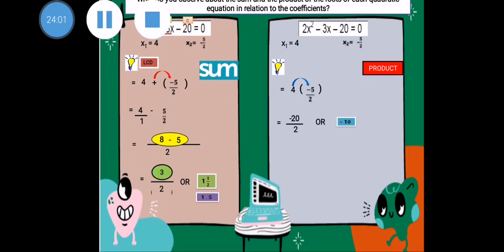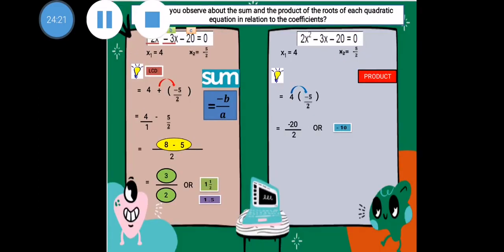So, 3 is our linear term, and then 2 is the quadratic term or A. So, ibig sabihin, sa pinakasimpleng paraan, to find the sum of the quadratic equation, so, i-consider lang po natin yung coefficients.